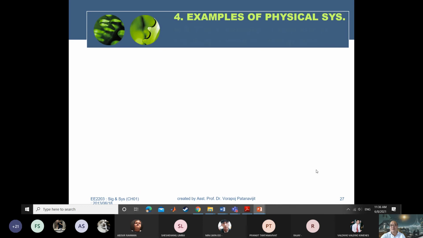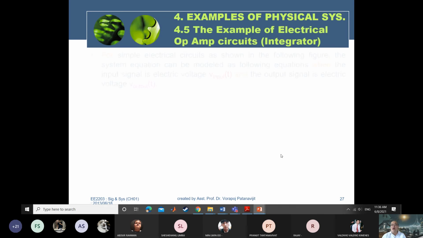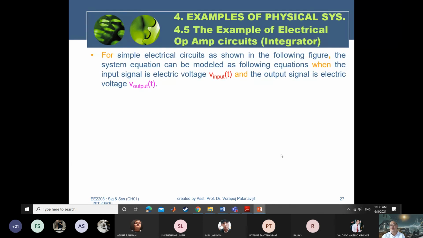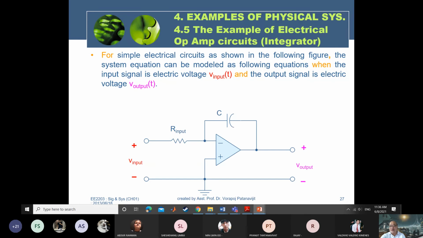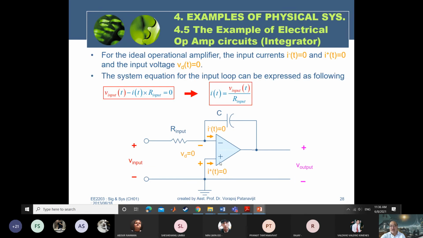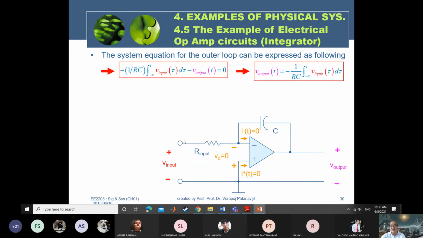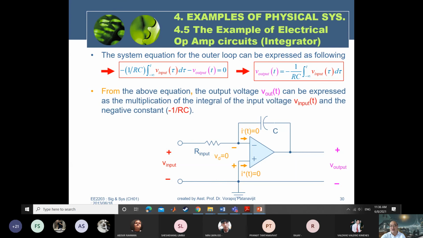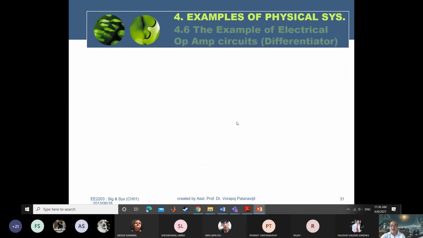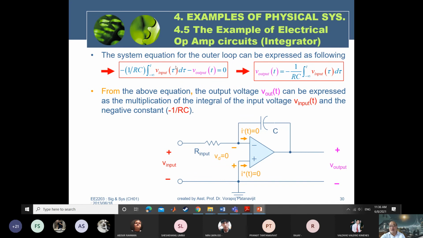Moreover, the op-amp can do something more. For example, you can create an integrator circuit, following here, with the integration operator. Therefore, the output equals the integration of the input. I think you already know the details; you have the ability to find them in the electronics subject.